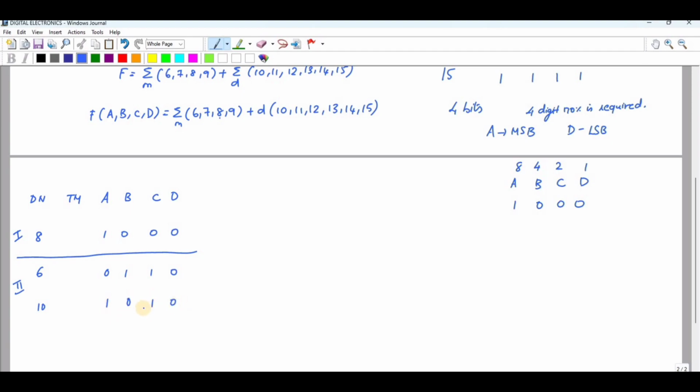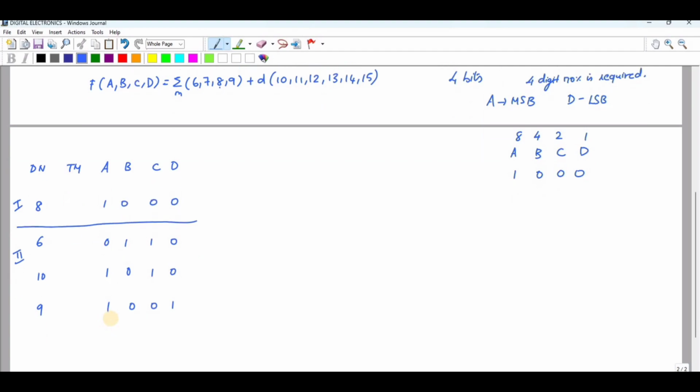Next, how to represent 9? It is 1 0 0 1, because A plus D is 9. 7 and 11 will not come here. That's it. So this is your second group element, which consists of only two ones.